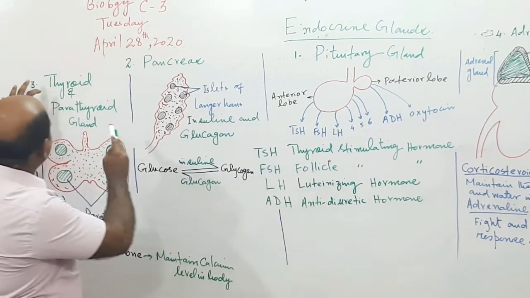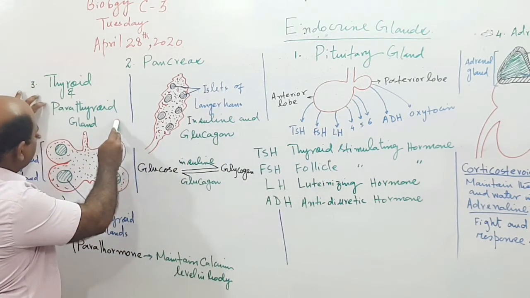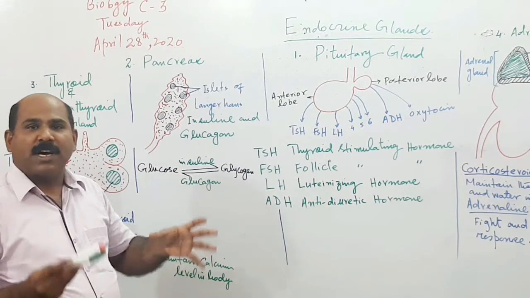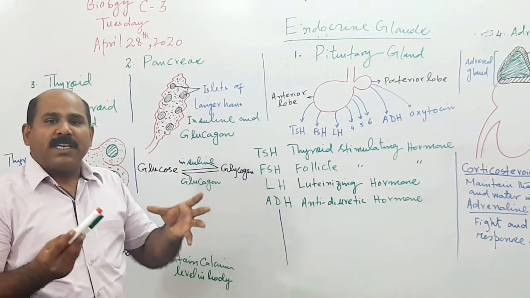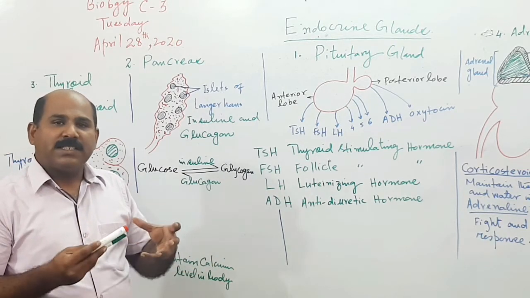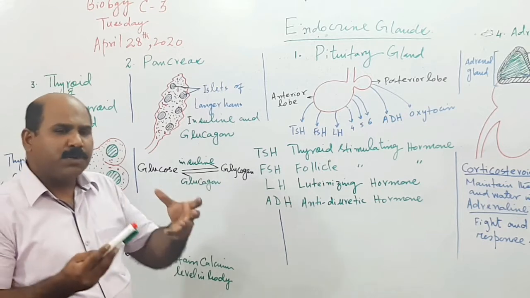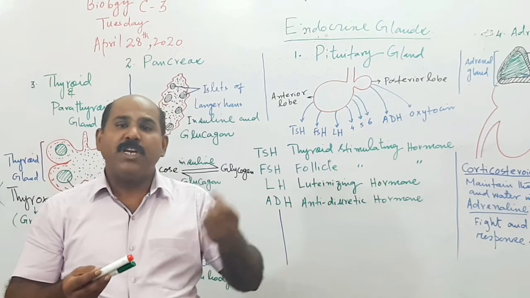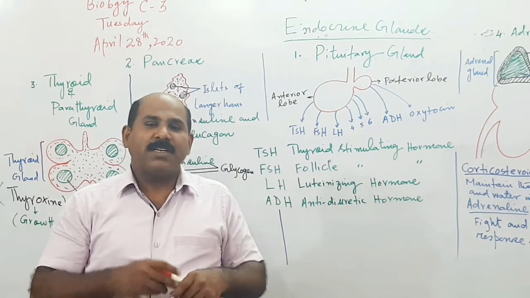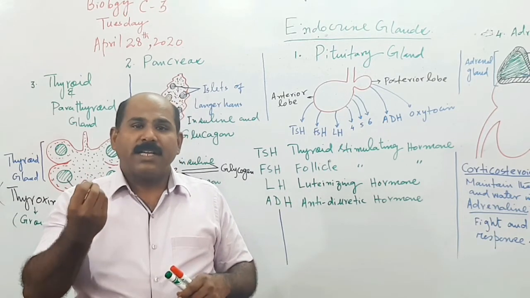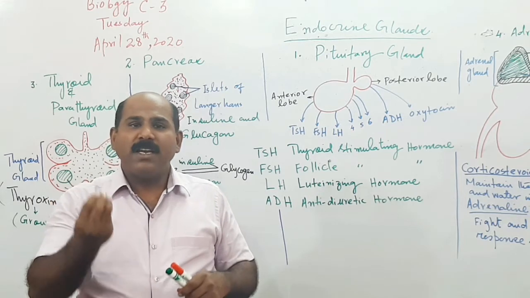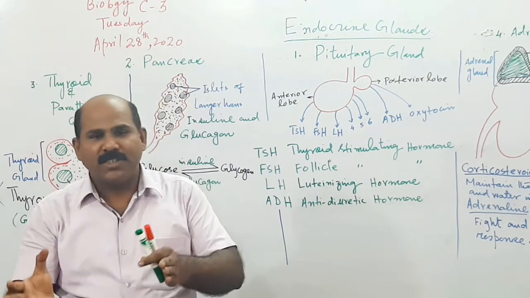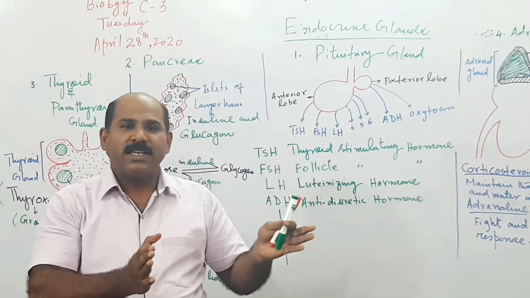And one very important thing concerning the thyroid gland, which is asked so many times in the exams: the thyroid gland is producing thyroxine with the help of a nutrient in our diet that is called iodine. Iodine is the raw material from which thyroxine is produced.